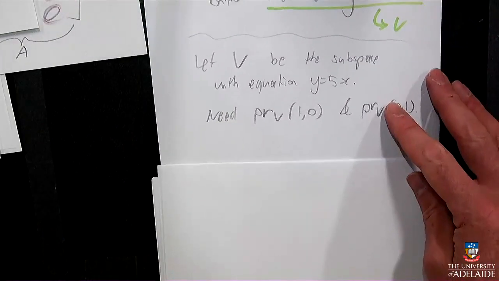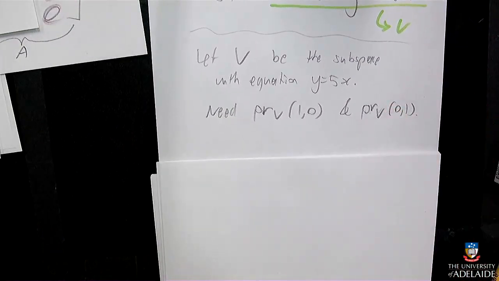So, if I'm going to do an orthogonal projection, I need an orthonormal basis for my subspace. So at the moment, I don't even have an ordinary basis for my subspace.